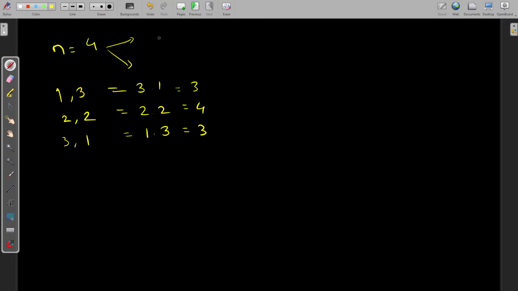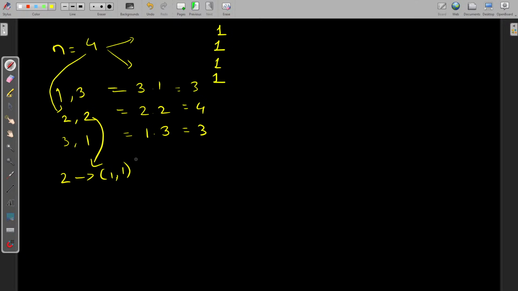So what we have to do is keep on dividing this 4 until we reach 4 ones. You can see, if I go from 4 to 2 comma 2, then for each 2, I can go to 1 comma 1. So ultimately there will be 4 ones.